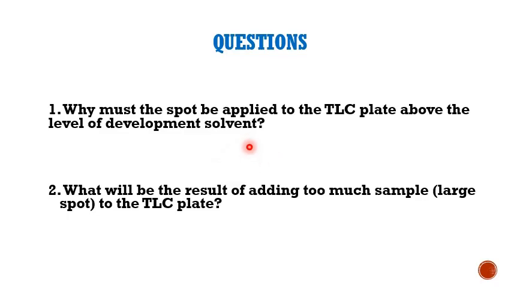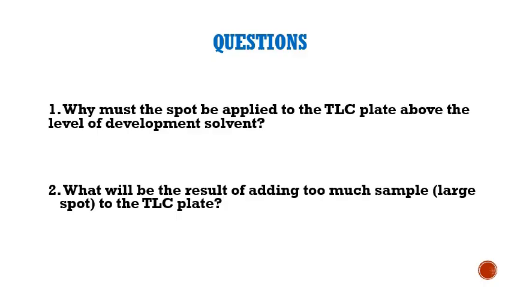So that's why the level of the starting line should be above the level of the solvent, so that the solvent will move up to the dyes and not the other way around. Okay, so the level of the spot or the starting line should be above the level of the development solvent, so that the solvent will move and take with it the dyes, and to prevent the dissolution of the dyes in the mobile phase.